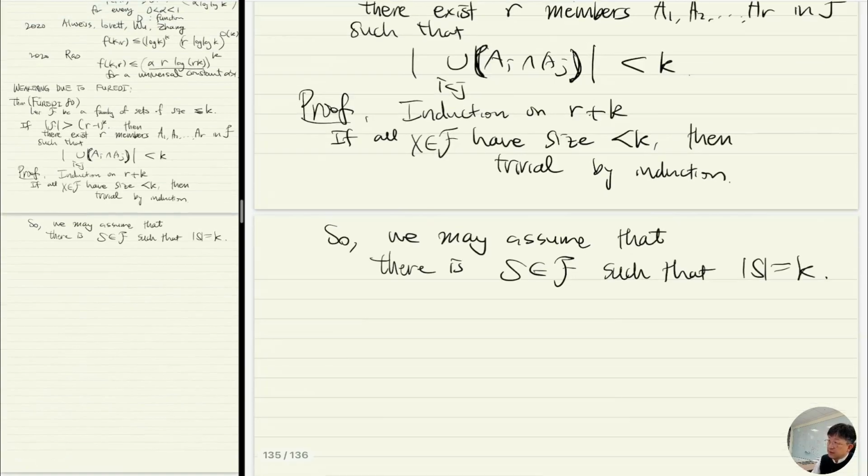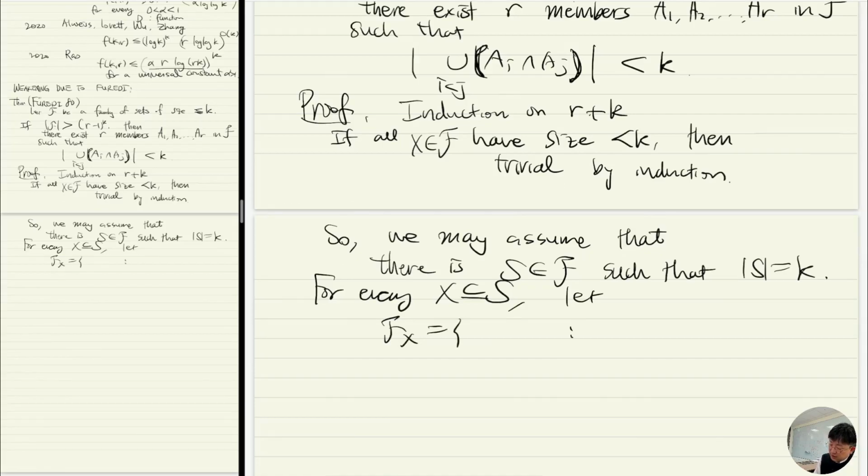All right. Now, for every subset X of S, let f(X) be this: for all A in F, if its intersection with S is exactly X, then we take A minus X. Yes, A minus X, that's the same.